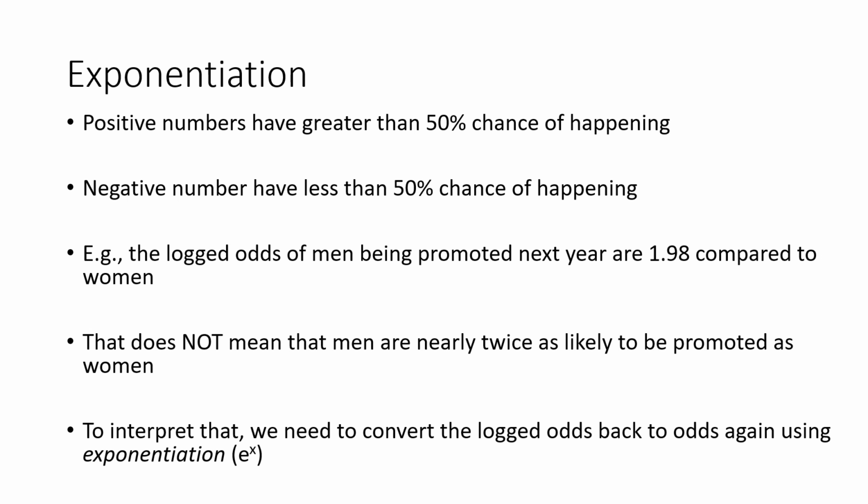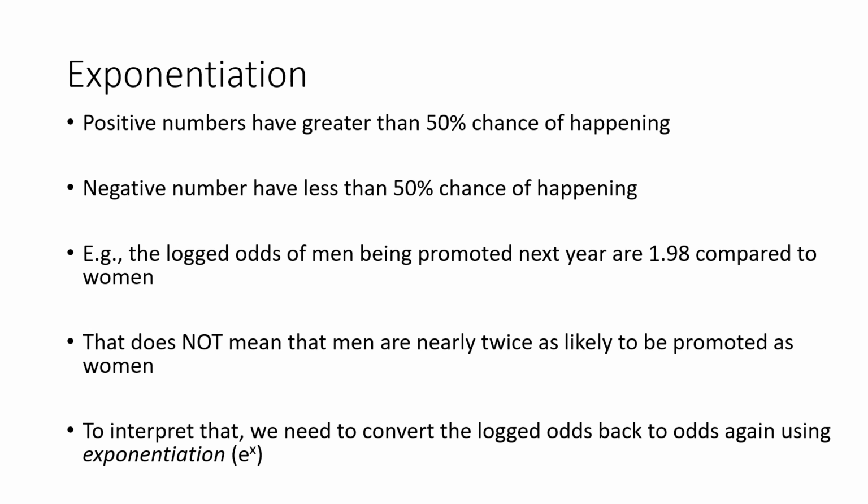The reason we convert odds into logged odds or logits is that odds can only have positive numbers, whereas logged odds or logits can have negative numbers as well as positive numbers, and those numbers fit that S-shaped distribution, the sigmoid distribution. And you'll recall in the context of that discussion that positive numbers have a greater than 50% chance of happening, positive logits, and negative logits have a less than 50% chance of happening.